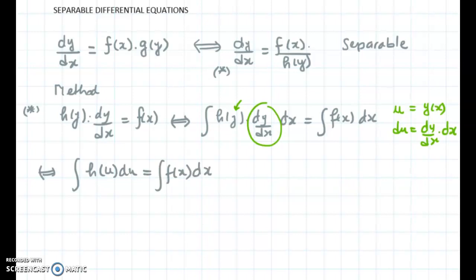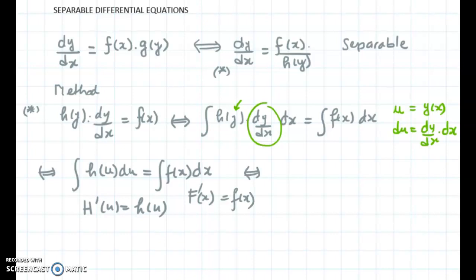So now it's a matter of being able to find what those antiderivatives are. So let's say we can find the function capital H such that its derivative at u gives us small h of u, so capital H is the antiderivative, and also a capital F, that is the antiderivative of our small f.